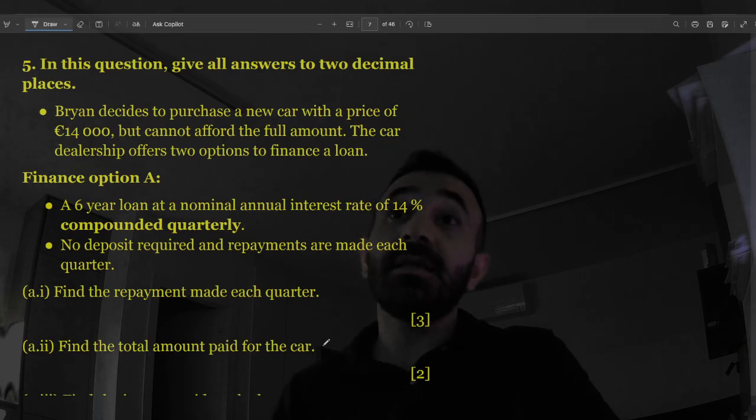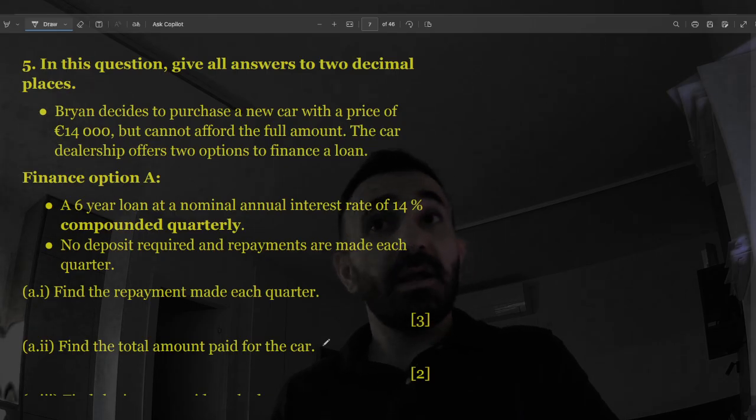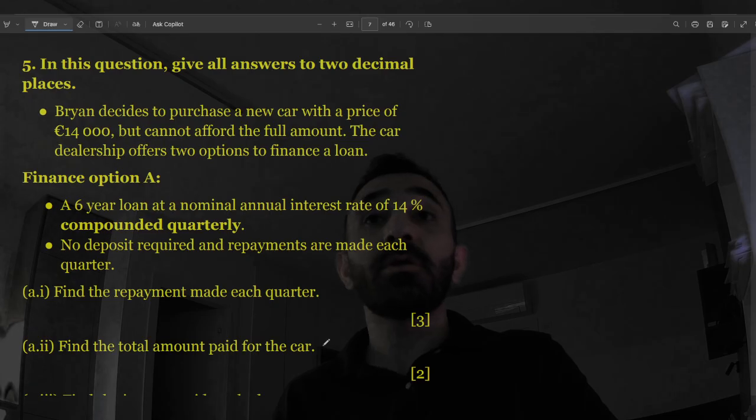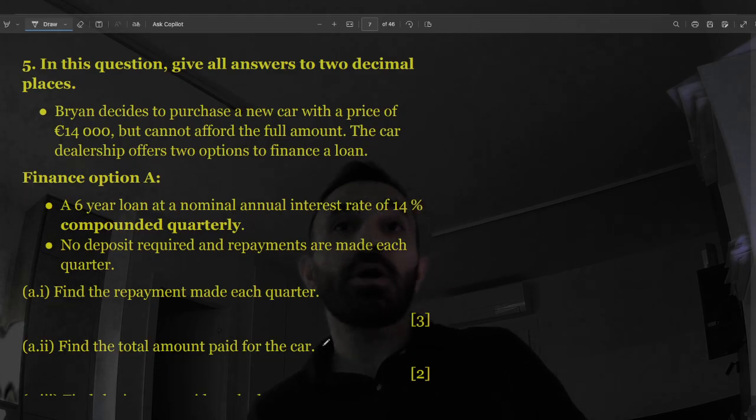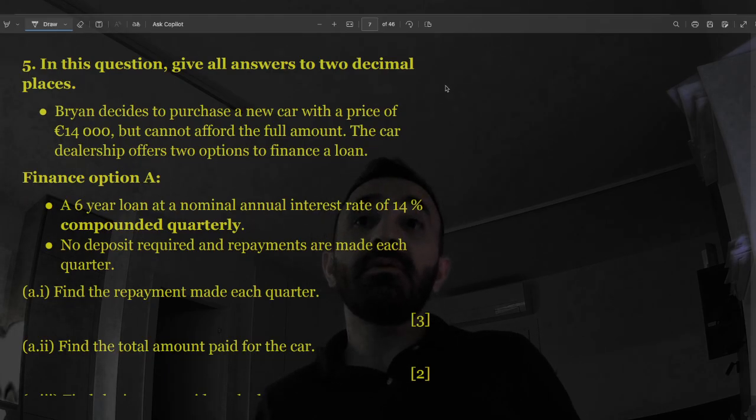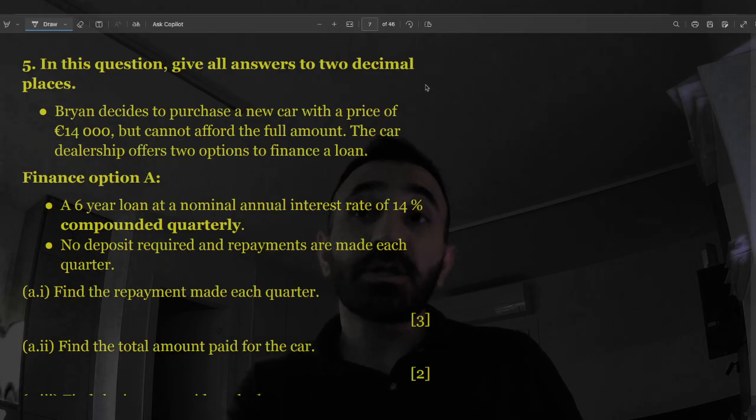The car dealership offers 2 options to finance a loan. Finance option A, a 6-year loan at a nominal annual interest rate of 14% compounded quarterly. No deposit required and repayments are made each quarter. Find the repayment made each quarter.